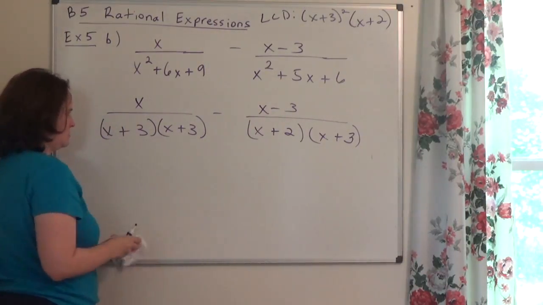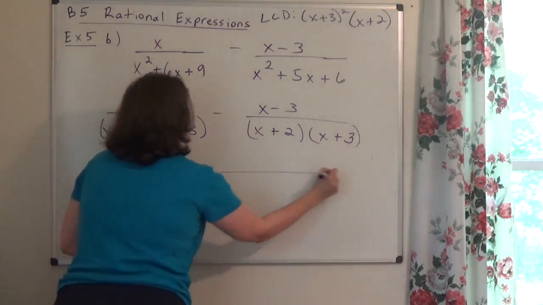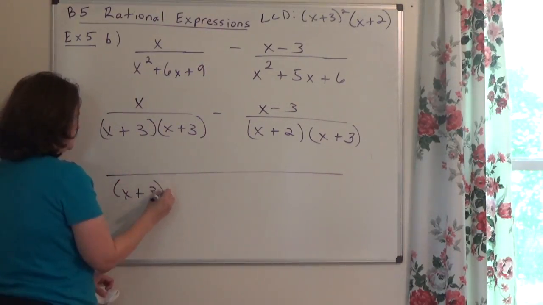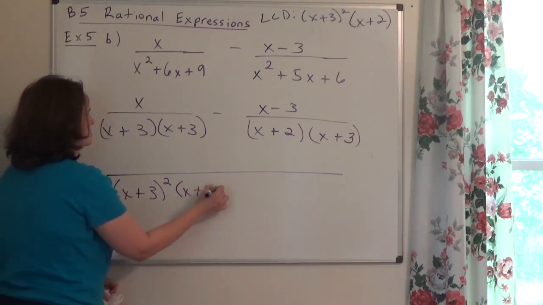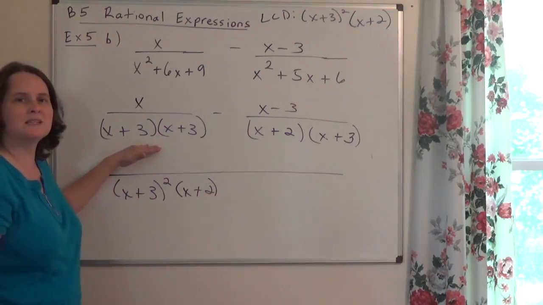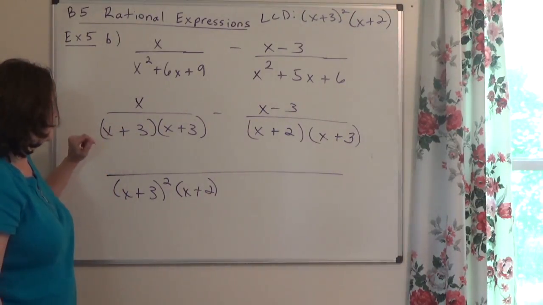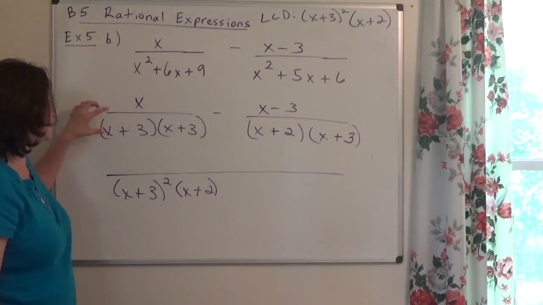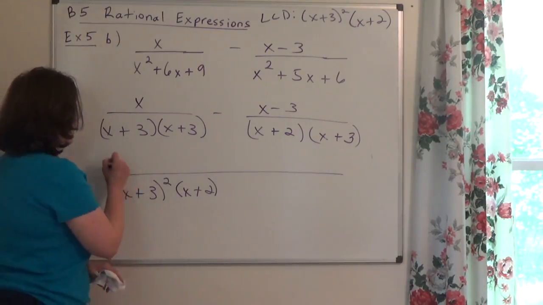Okay, so we got a big fraction. Here's our LCD. Alright, the first fraction, what is it missing from the LCD? Well, the LCD has an x plus 2 factor, so I need to put the x plus 2 factor into this numerator.